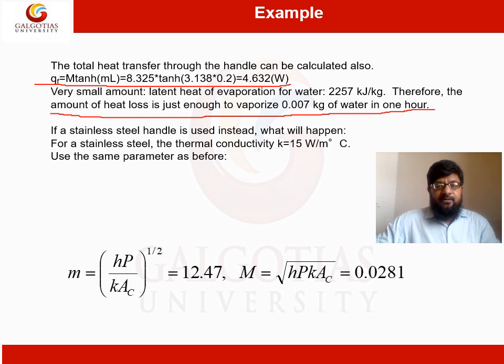And for example, if we replace that aluminum handle with stainless steel whose thermal conductivity is 15 only, then using the same parameters, same boundary conditions and same formula, we can calculate again.